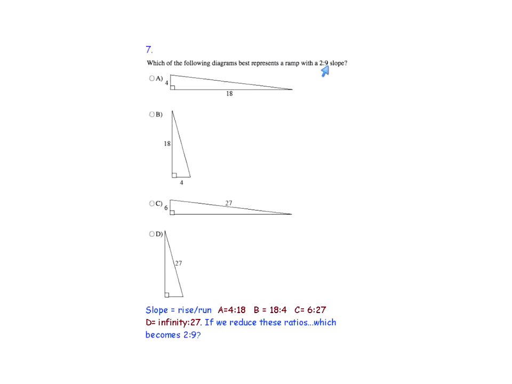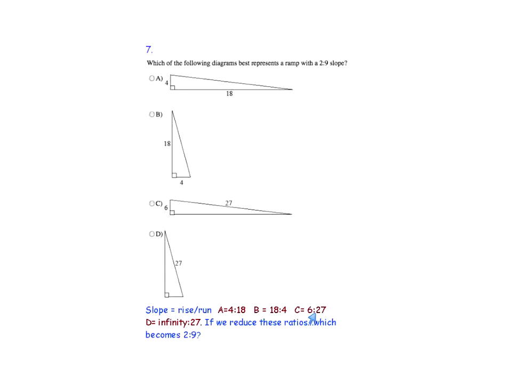Another way of thinking of it is this diagram here, where we have 4 and 18. This represents 4 to 18. Okay? This one here, the rise is 18, the run is 4, so we can write it this way, 18 to 4. This one, rise 6, run 27, we can write it this way.